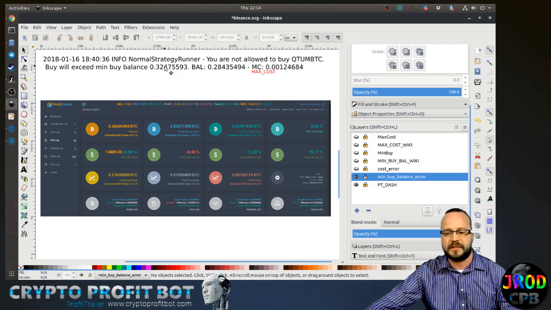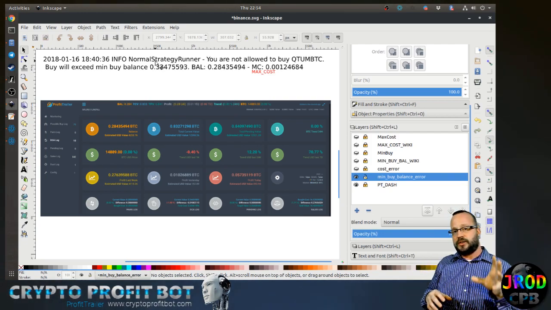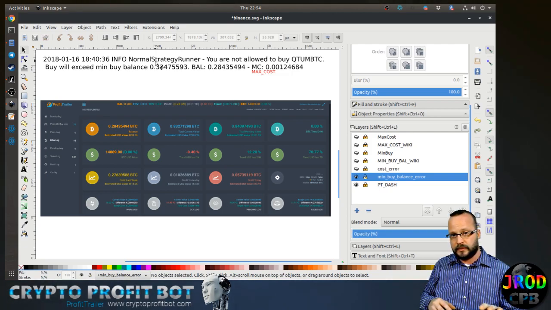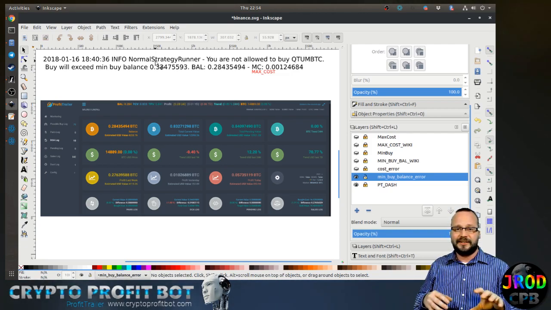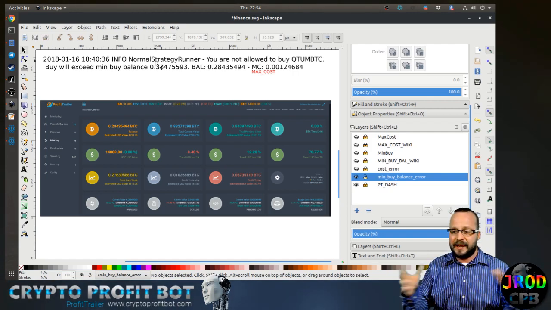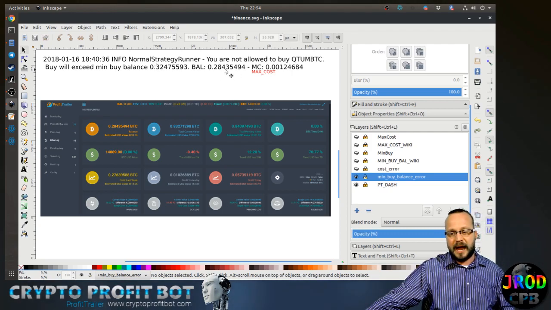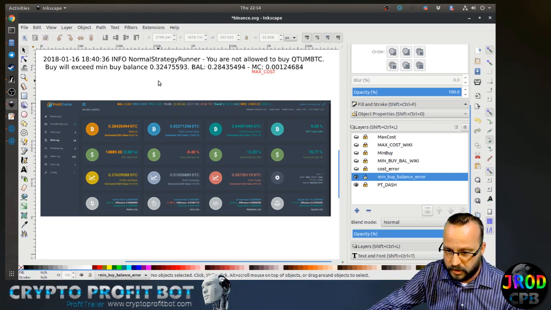The first thing to notice is it's normal strategy runner. That tells you that your buy strategy, your initial buy strategy, is having an issue, not enough funds. It's saying, you can't buy this because the buy that I want to do is going to exceed your min-buy balance.